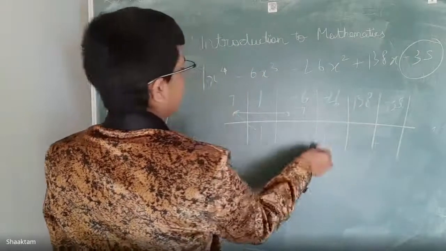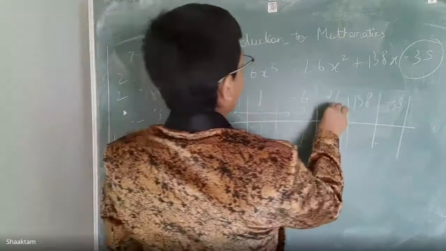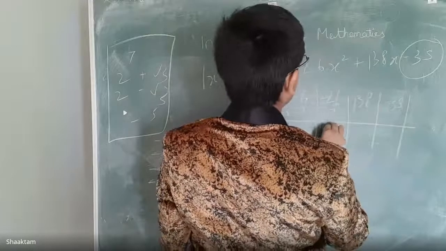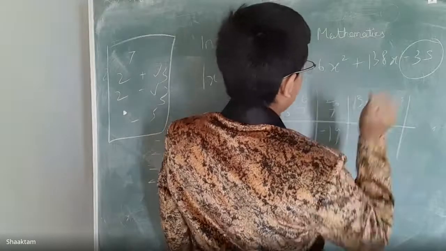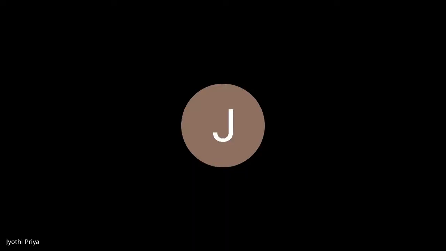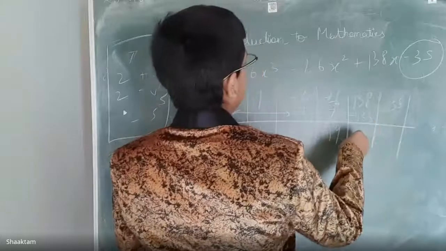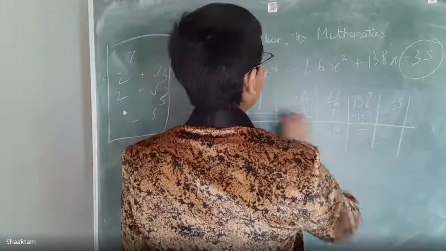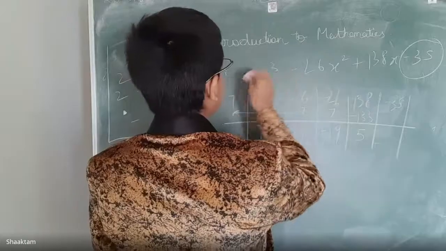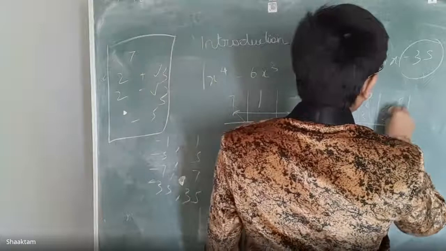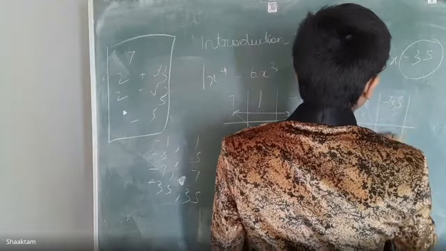Then 1 into 7 again, we'll get 7. Then minus 26 plus 7 will get me minus 19. Minus 19 into 7 will be minus 133. Then 138 minus 133 will get me 5. 5 into 7 will be 35. And minus 35 plus 35 is 0.